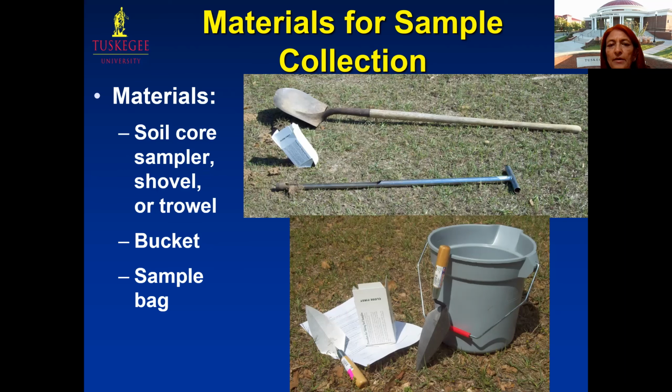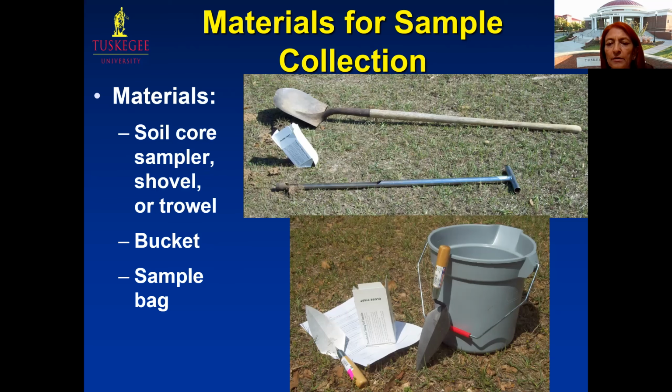If you call them and request, they may come and take a sample for you, or they will let you borrow the soil core sampler. Or you can also do the same thing using a shovel or a trowel if the soil is loose, like that from the garden.